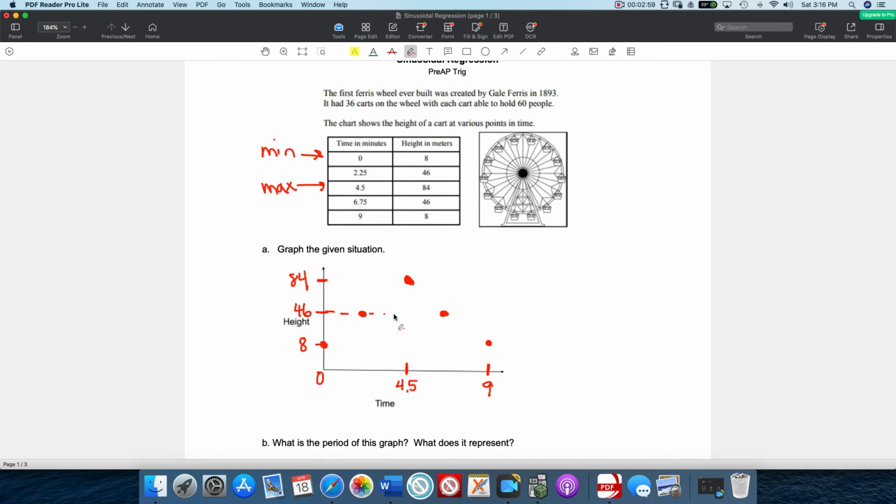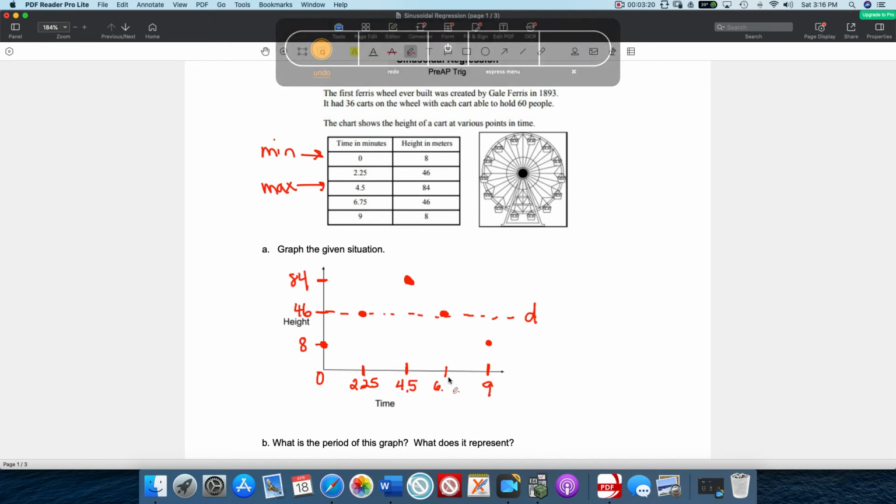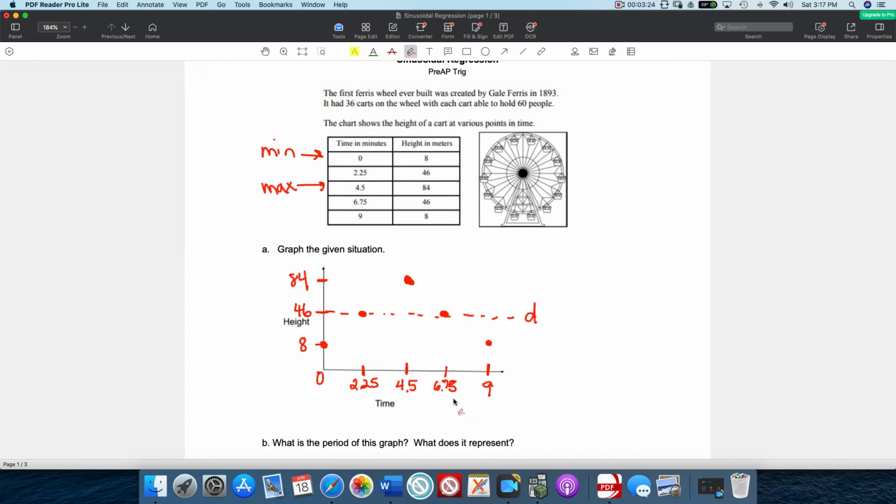So that's the middle of the graph. That will be your vertical shift. All right, now I also need this middle. Well, if I add up 0 and 4.5, divide that by 2, you get 2.25. And then add up 4.5 and 9, divide by 2, you get 6 and 3/4. Okay, so there's one full period.